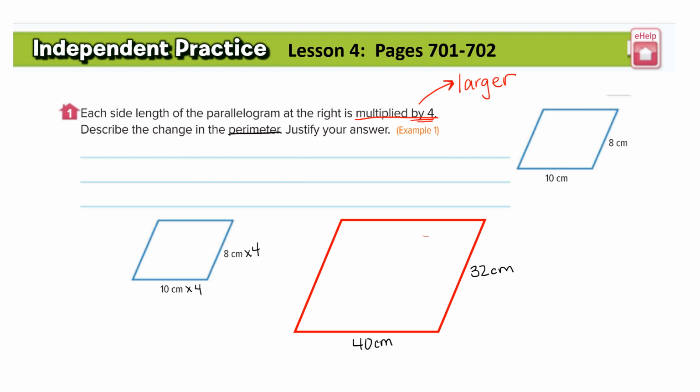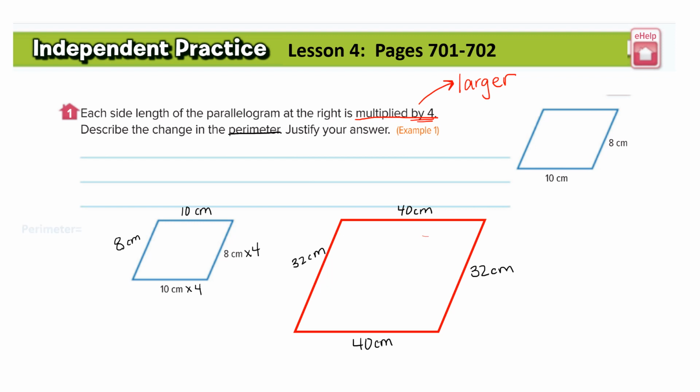So, opposite sides of a parallelogram are the same length. So we have 10 centimeters and 8 centimeters, and then here we have 40 centimeters and 32 centimeters.